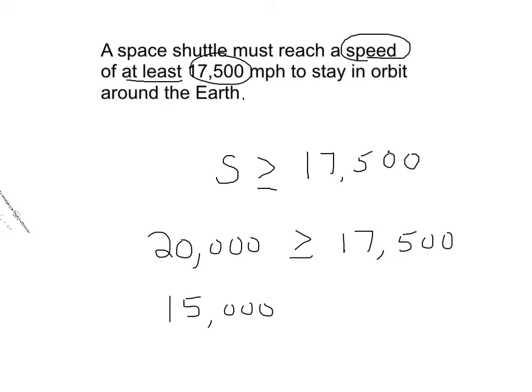What if it was only traveling 15,000 miles per hour, which is really fast, but in this case, it's not going to keep it in orbit. If we did this, then that's not a true statement. So that's a non-example right here. That doesn't work. It has to be greater than or equal to 17,500 in order for this to be the inequality we want.